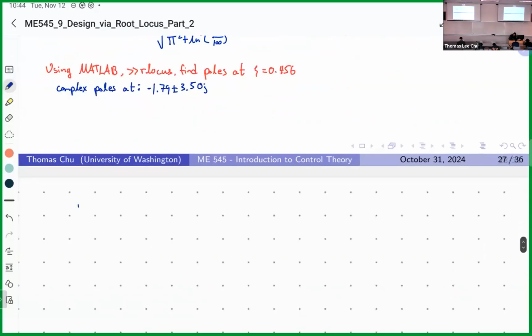Another way I can think of is to take the actual closed loop transfer function, which is kG over 1 plus kGH, or 1 plus kG.